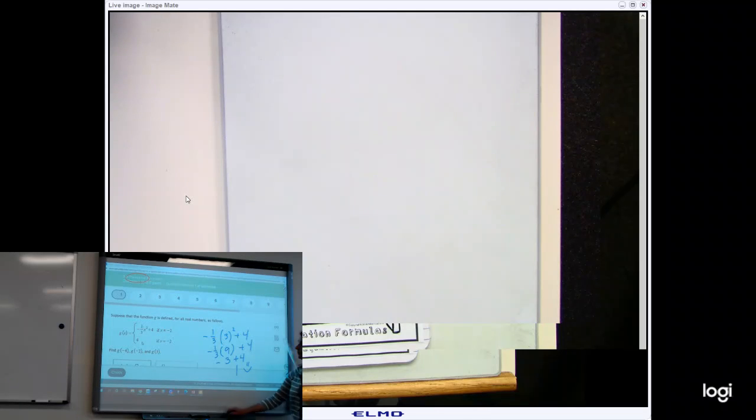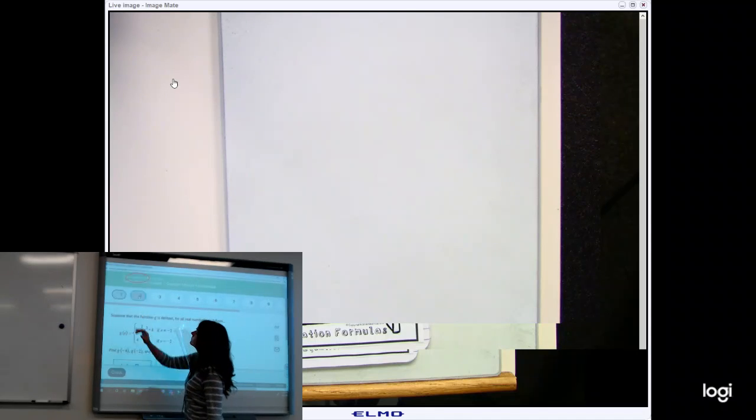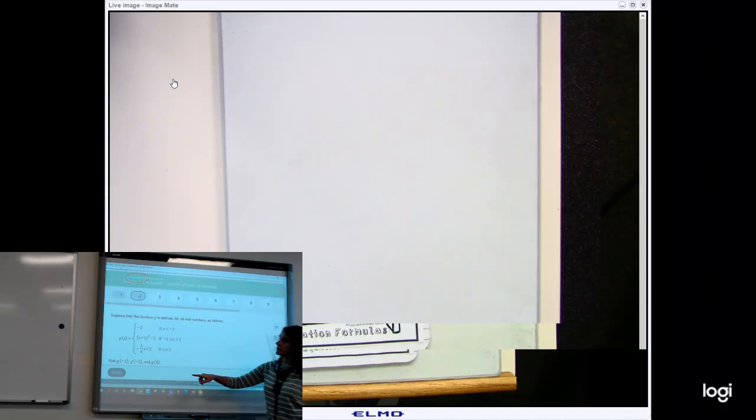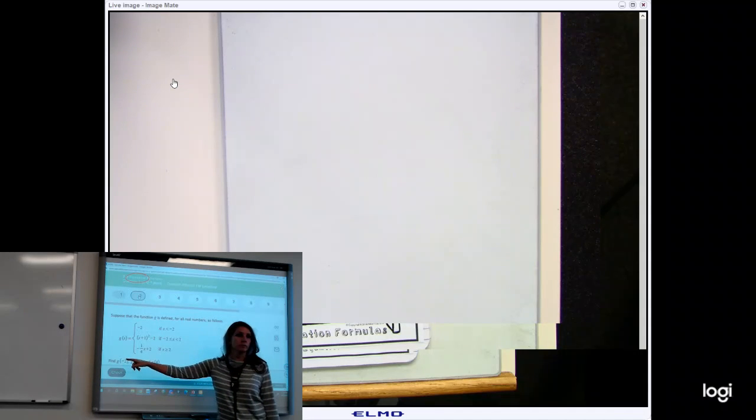Okay, so this one, all values less than negative 2, in between negative 2 and 2, and values greater than 2. So I've got 3 options this time. You don't need to write this one down because I'm not going to see it through. Your one example is probably pretty good.